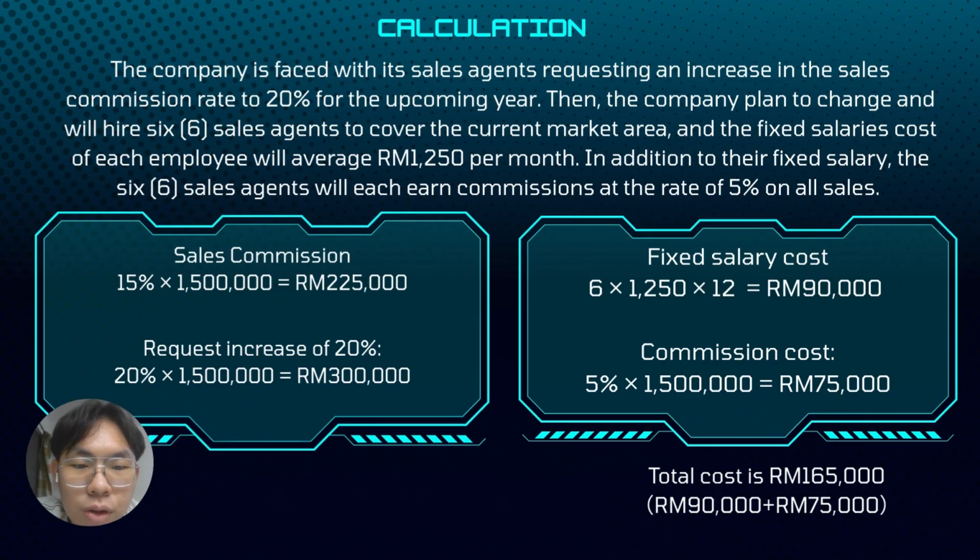For the commission cost, we use the 5% multiplied by 1.5 million, which equals 75,000 ringgit Malaysia. So the total cost is fixed salary cost plus commission cost, and we get a total cost of 165,000 ringgit Malaysia.